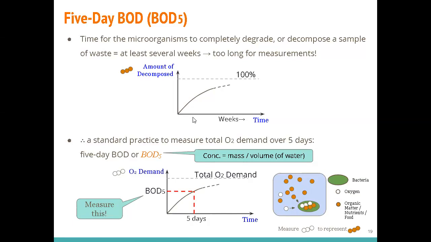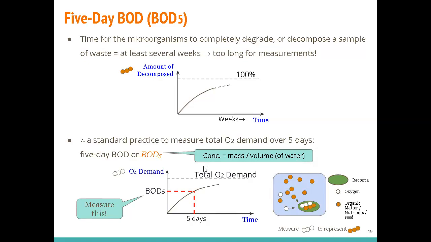So environmental scientists or environmental engineers, we use the standard, which is BOD 5. We measure the oxygen demand after 5 days. It's called BOD 5, after 5 days, and we don't care what happened for the rest of the story. BOD 5 should be in the unit of concentration.